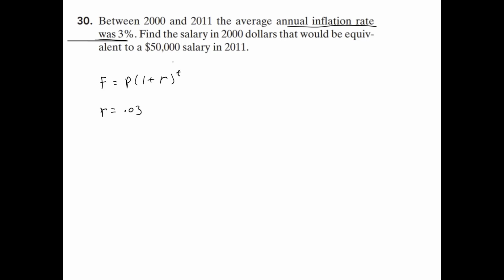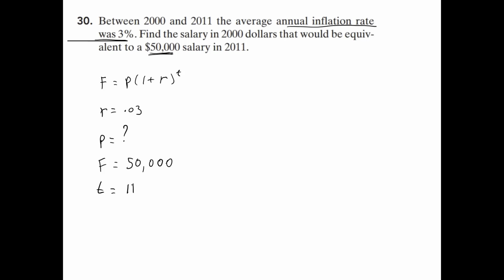Find the salary in 2000. That means we don't know what our original salary was. That would be equivalent to a $50,000 salary in 2011. So our future value is 50,000. And we're going from 2000 to 2011, so we're going through a period of 11 years, right? 2011 minus 2000 is 11 years.